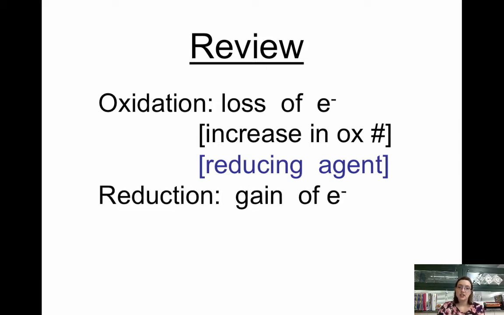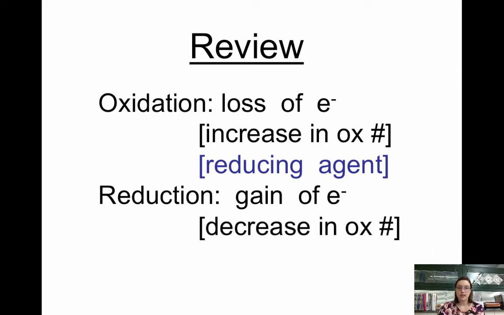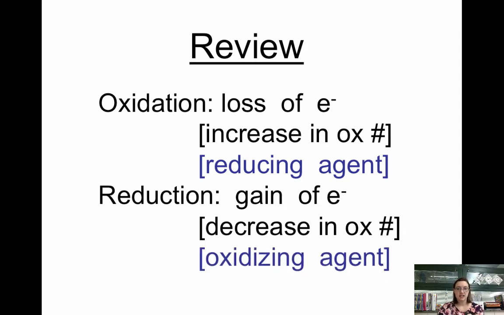And then reduction means you gain electrons, which means your oxidation number is going to go down because it's becoming more negative, and the oxidizing agent is what undergoes reduction. Remember, the agents are what help the other process, so they actually undergo oxidation and reduction respectively.